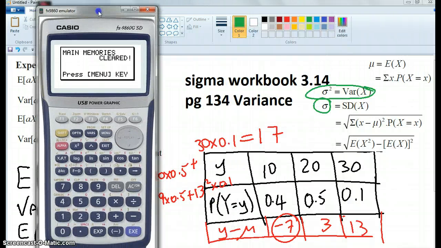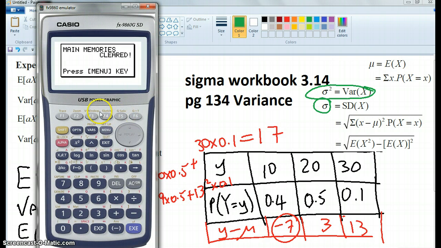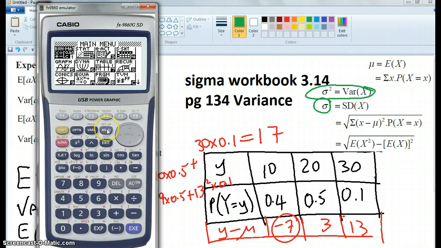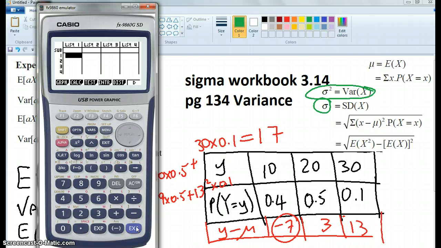And then I go menu and I go stats. And then on my list 1 I've got the y's, which are 10, 20 and 30. And on list 2 I've got the probability of them happening, 0.4, 0.5 and 0.1. And then I go calc, right?